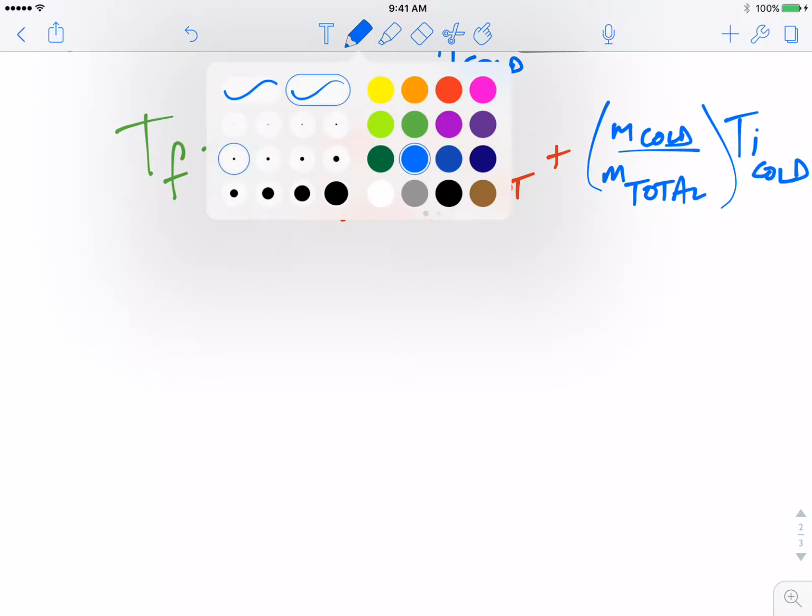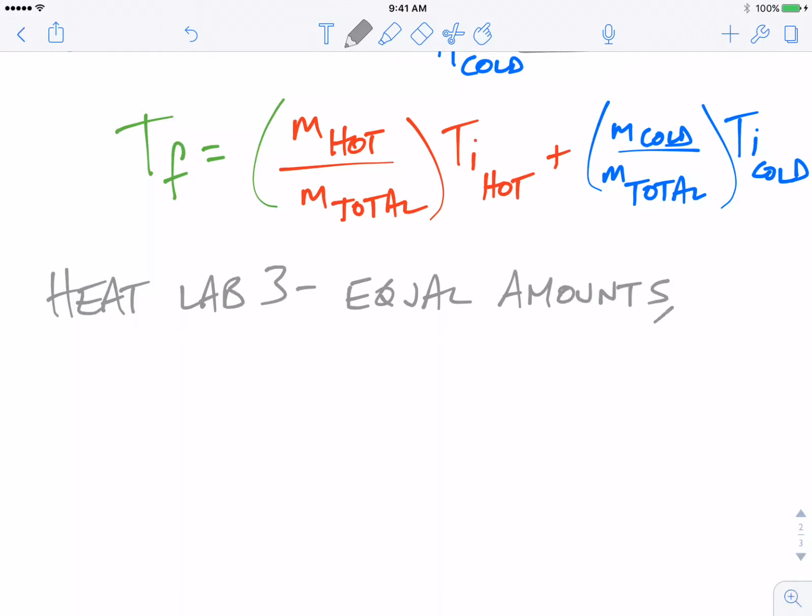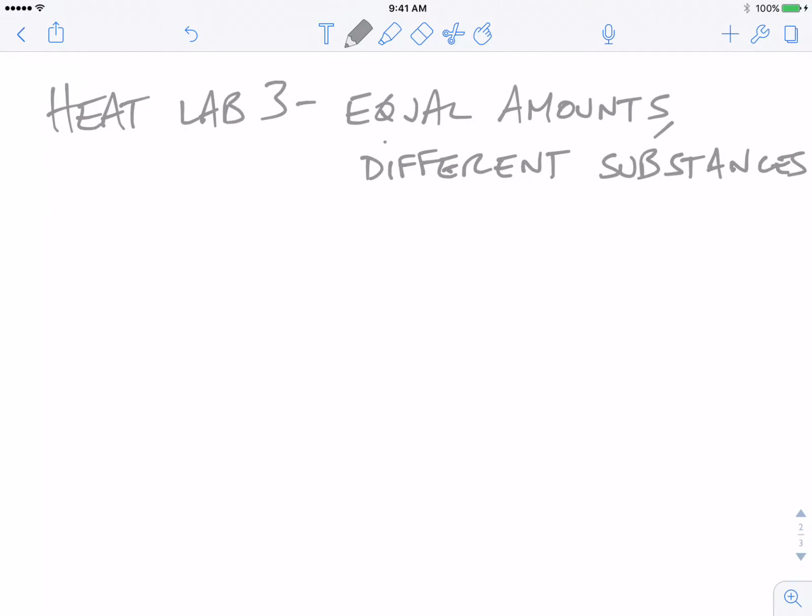For Heat Lab number 3, what we did is that we changed the identity. We said, what if we had equal amounts but different substances? So we had a cup, and in that cup we put some cold water.